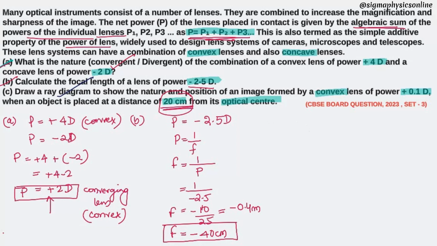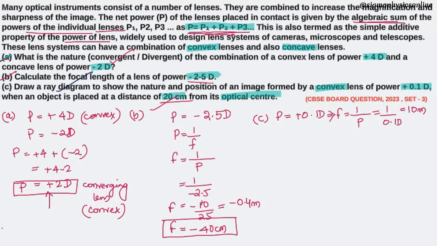So the focal length of this lens is minus 40 centimeter and it's a concave lens. The third part is given as: draw a ray diagram to show the nature and position of an image formed by a convex lens of power 0.1D when an object is placed at a distance of 20 cm from its optical center. So we have the convex lens whose power is given as plus 0.1D, which means that its focal length will be the reciprocal of the power, so 1 by 0.1D, which is equal to 10 meter.